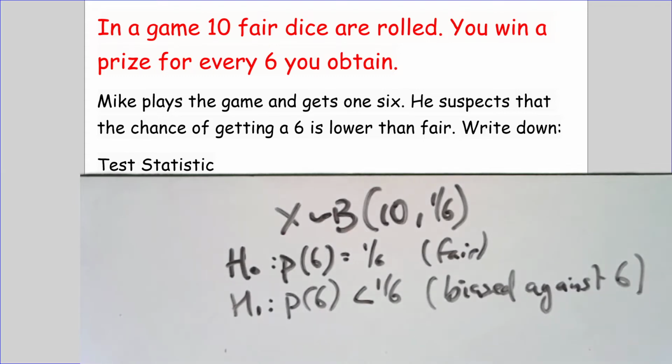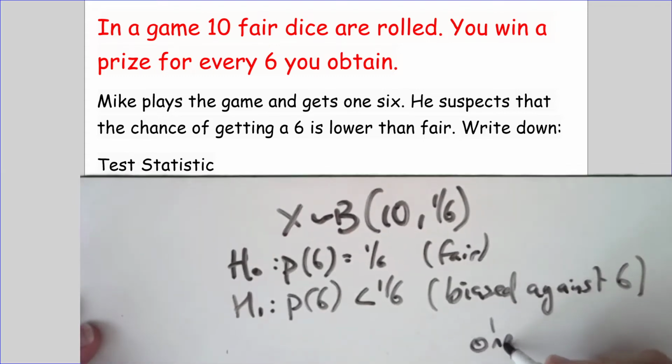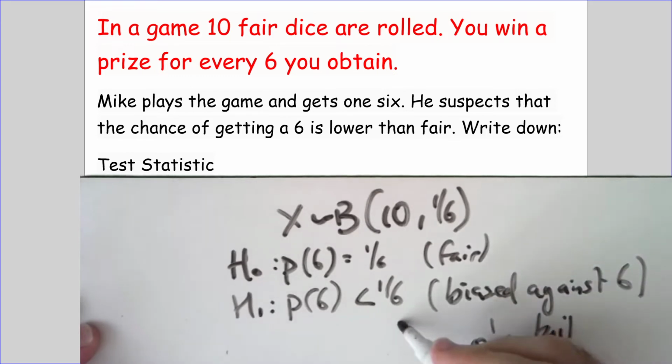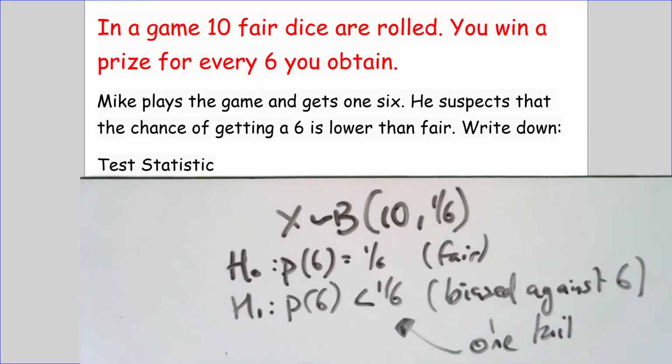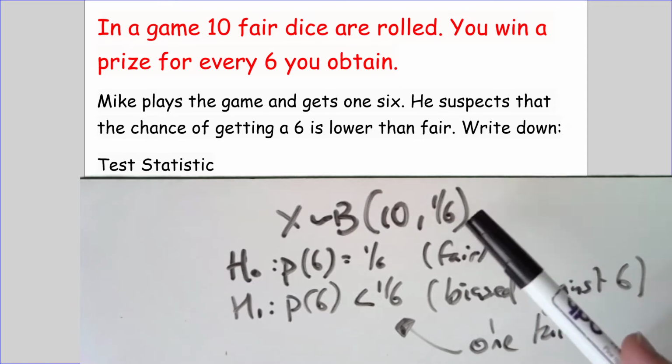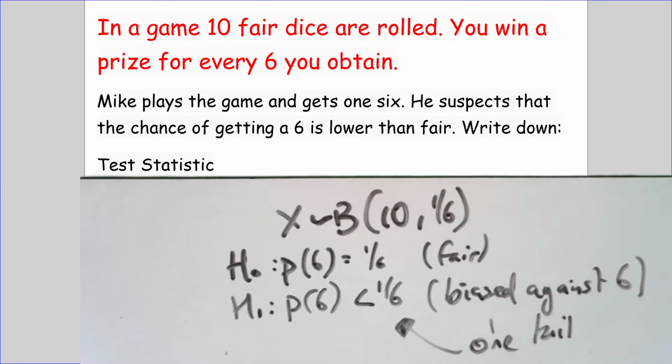So this is actually a one-tail test, because there's only one possible option here, which is less than. So this is the stuff we looked at last time. It's picking out some hypotheses, something we can test. This is called a test statistic. This is what we're going to be doing our calculations on. And this is a one-tail test, because there's only one possible option when you're looking at less than 1/6.